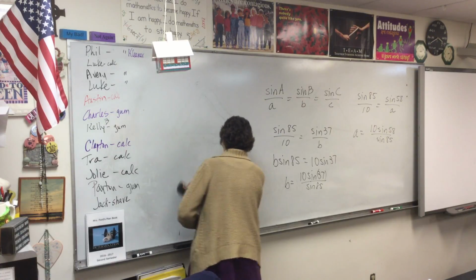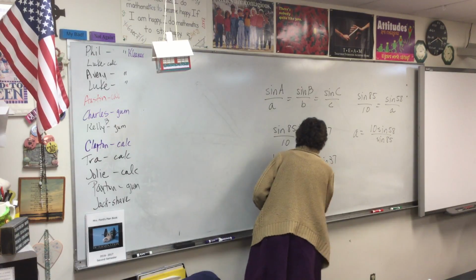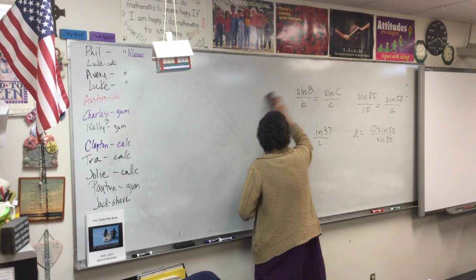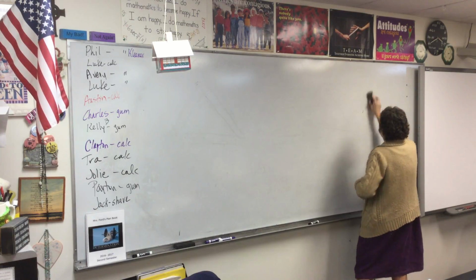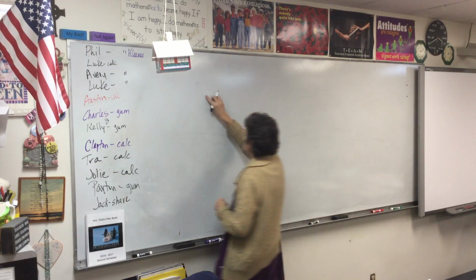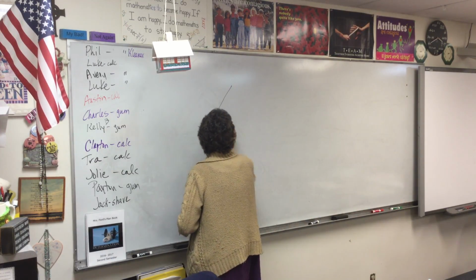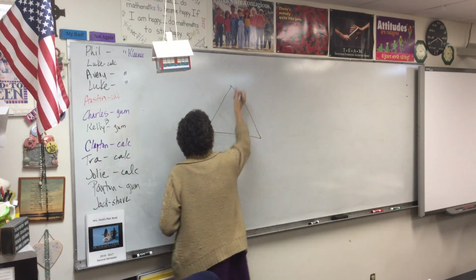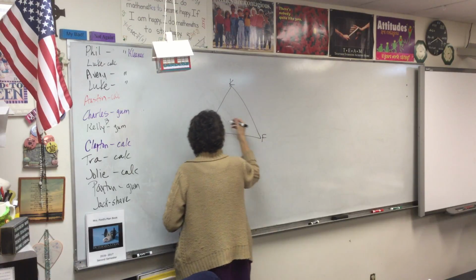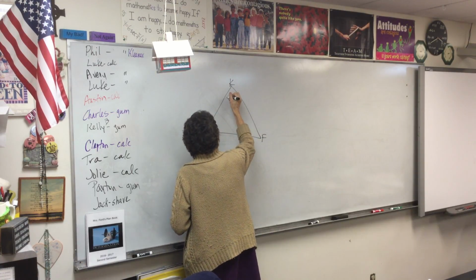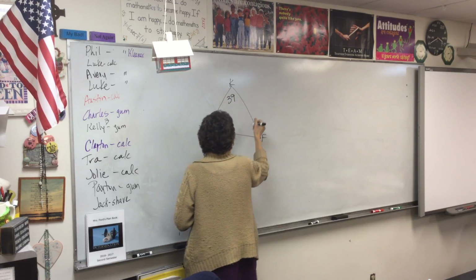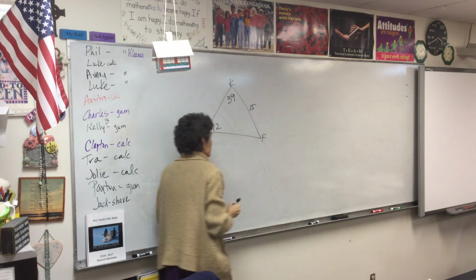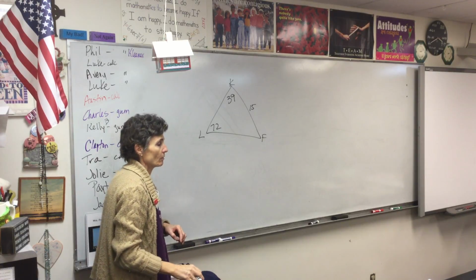Now, I want you to try one on your own real quick before we look at one small issue with the law of sines. The law of sines is very easy, I think you can see that, but there is one complication. Let's say this is 39 and this is 72 and this is 15, and your job is to solve the triangle.